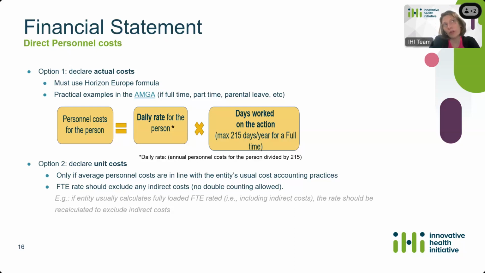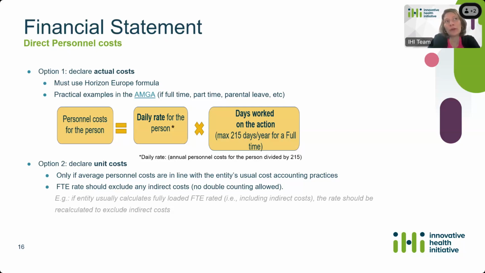But the standard formula is that, for personnel cost for one person, you need to multiply the daily rate for that person by the number of days worked on the action, with a maximum of 215 days per year for a person working full-time. That's the standard formula that needs to be used for actual costs.